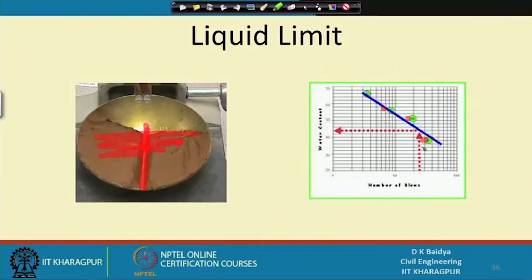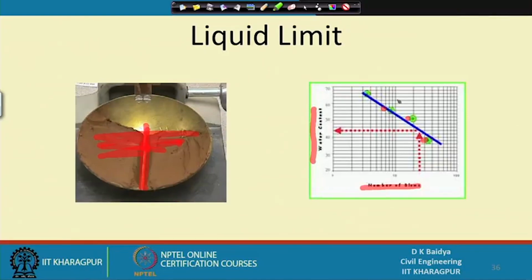So I will get 4-5 data points, that is water content versus number of blows. Suppose the corresponding points are plotted here, and this is observed to be a good control test. If you plot the data in a semi-log plot, with number of blows this side and water content this side, then those points by and large come in a straight line.